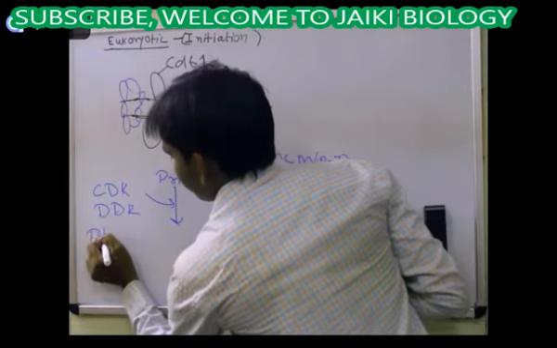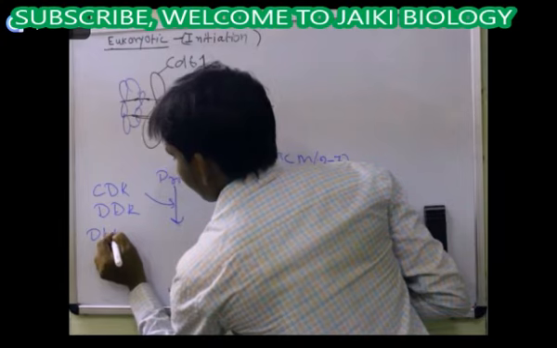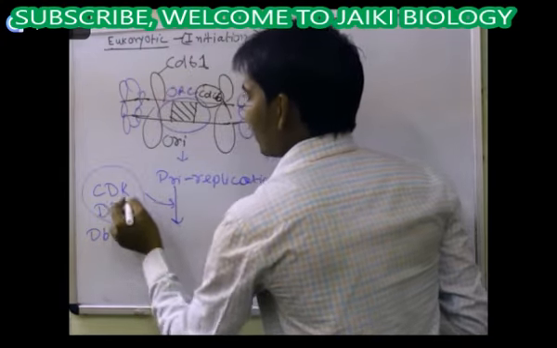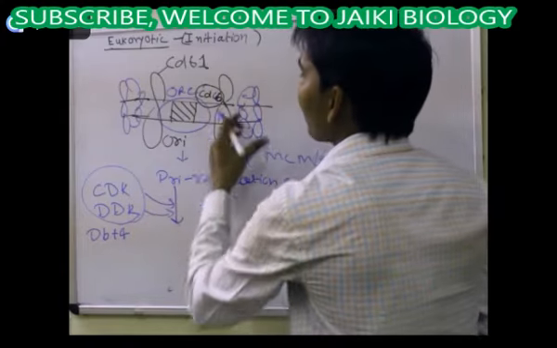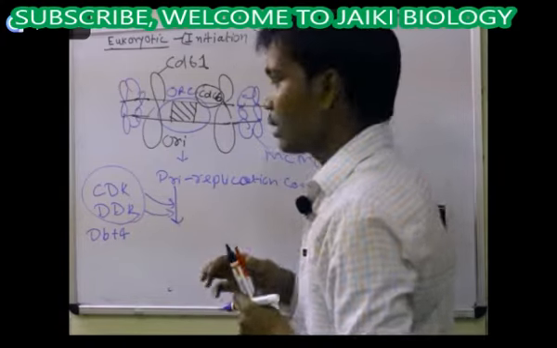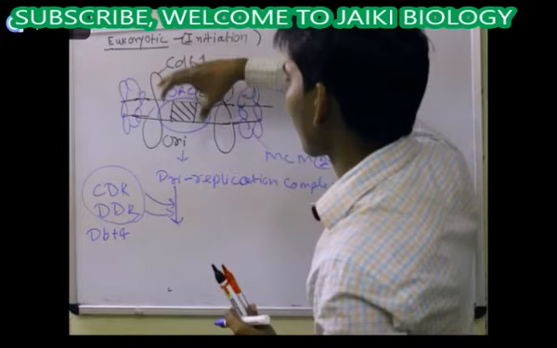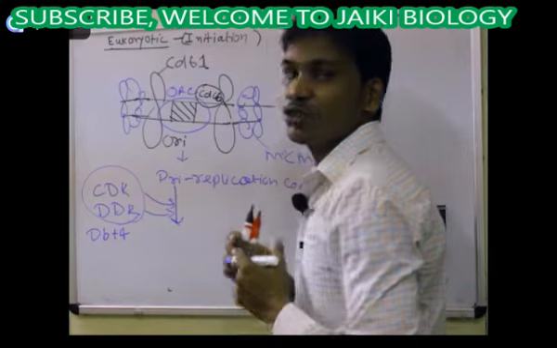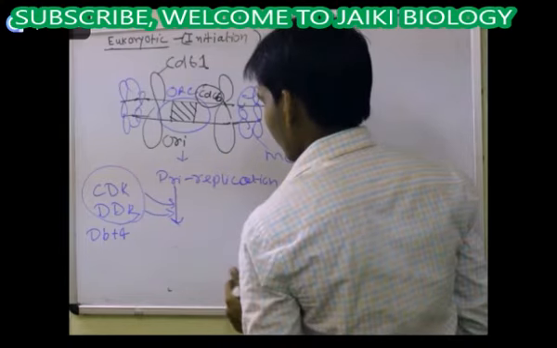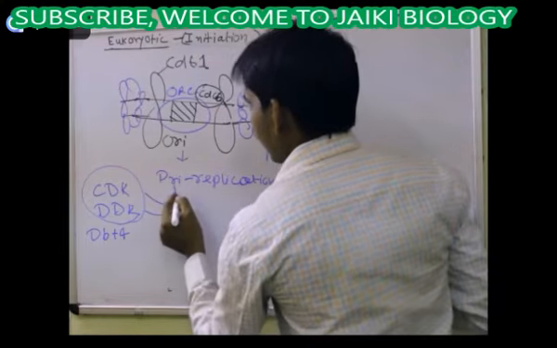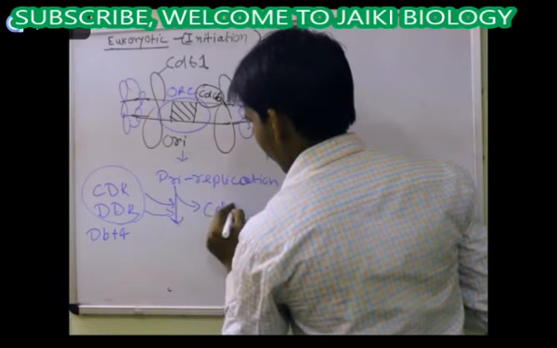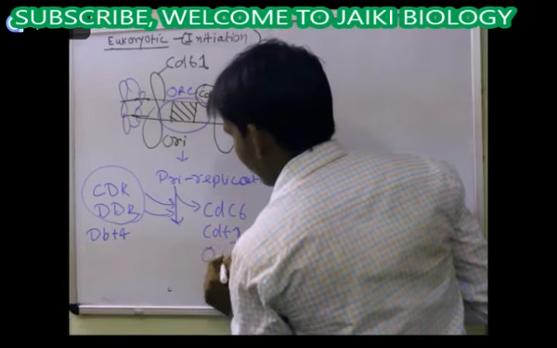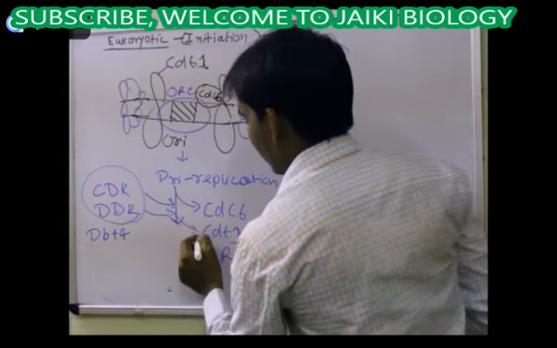DBF4 dependent kinases. Both these enzymes come and phosphorylate all the pre-replication complexes. When all the pre-replication complexes are phosphorylated, what will happen? At this time, the other proteins, that is CDC6, CDT1, and the origin of replication complexes are removed.